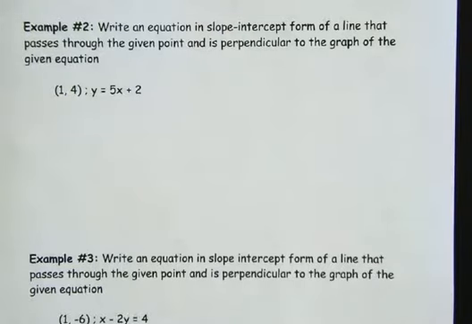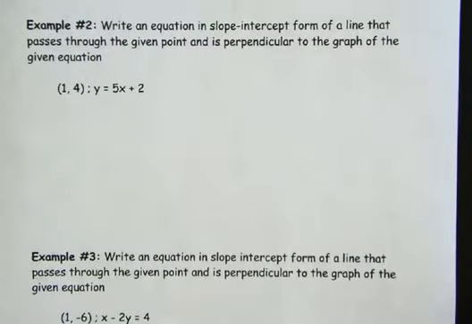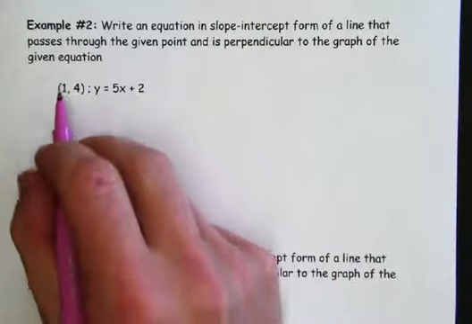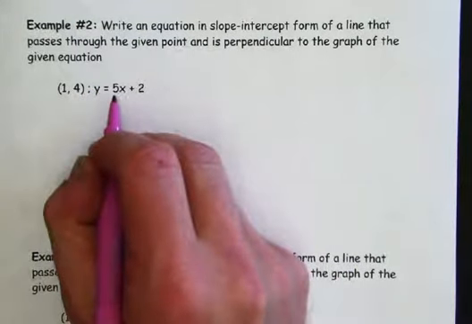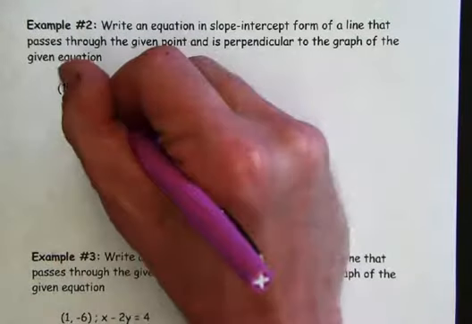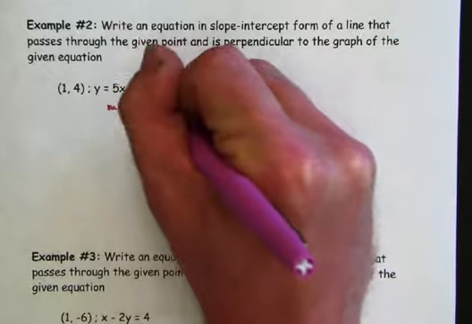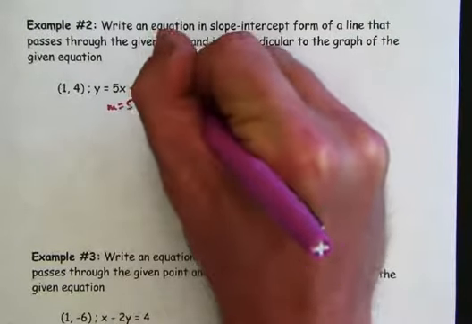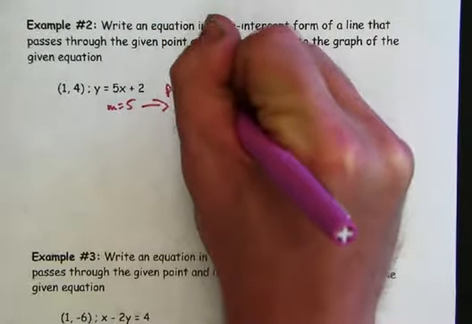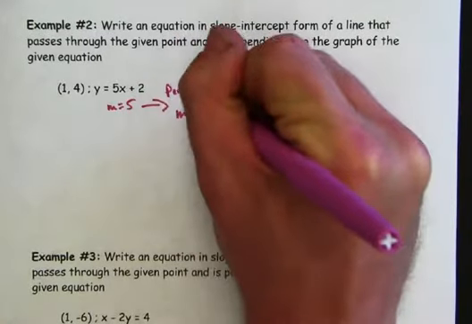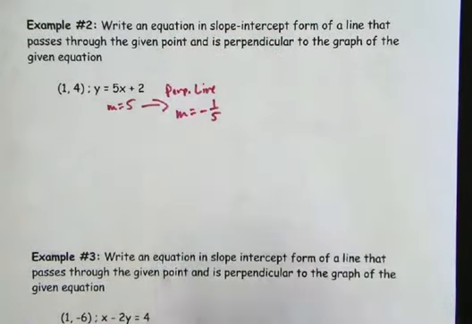Example 2 says, write an equation in slope-intercept form of a line that passes through the given point, perpendicular to the graph of the given equation. This is our point, (1, 4). Our equation is y equals 5x plus 2, so m equals 5 here. For our perpendicular line, our slope is going to be negative 1/5, the opposite reciprocal.